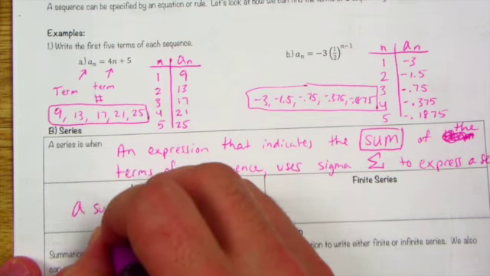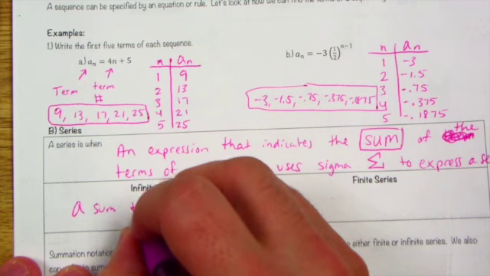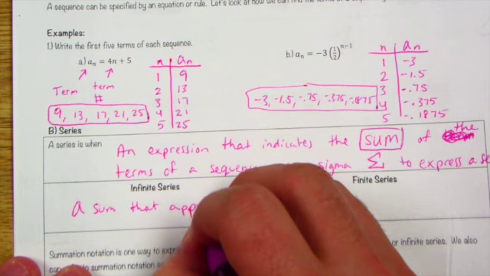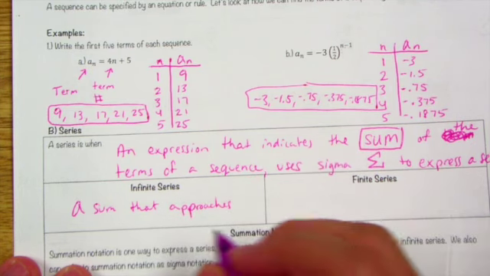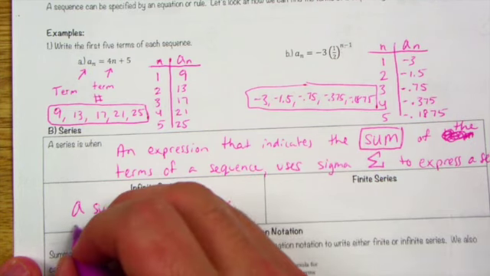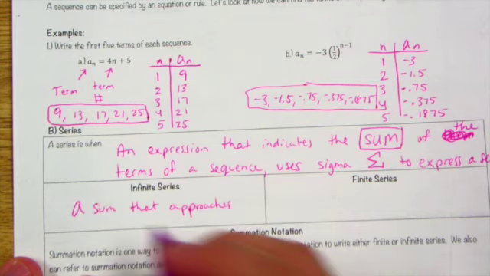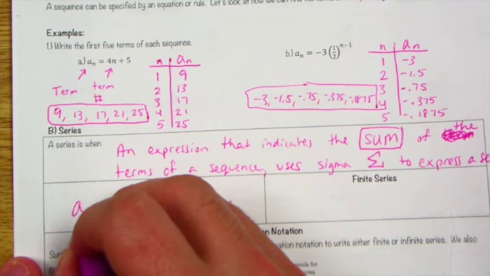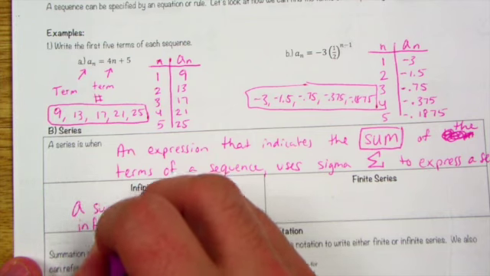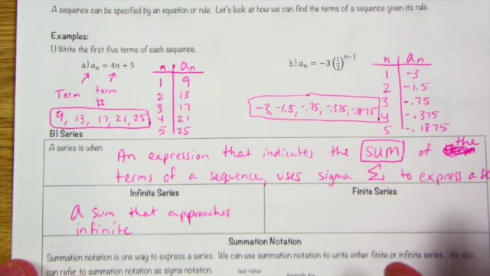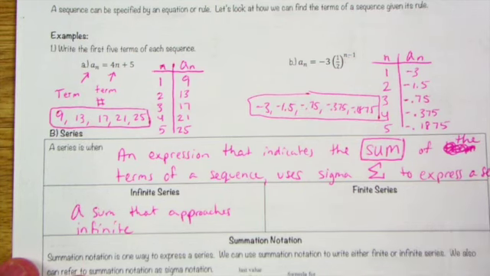But infinite series would be a sum that approaches infinity. That means that if you kept adding up all the numbers, the sum would just get infinitely large.